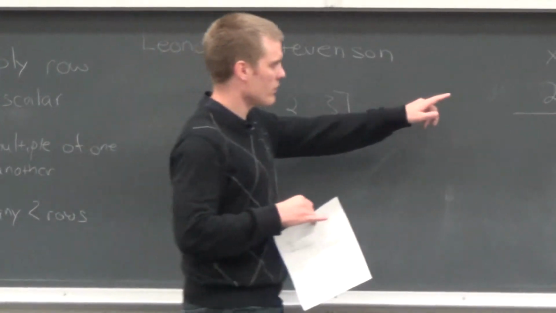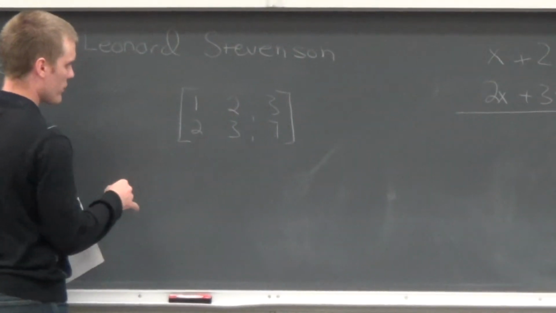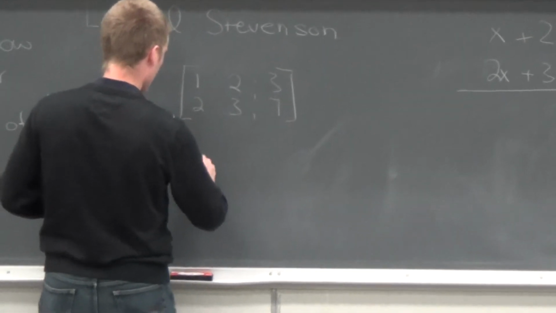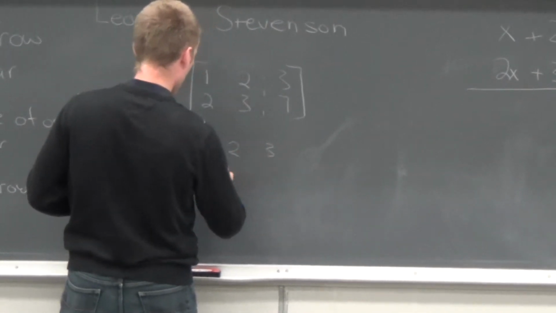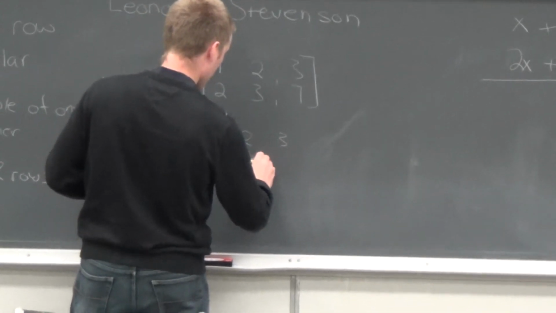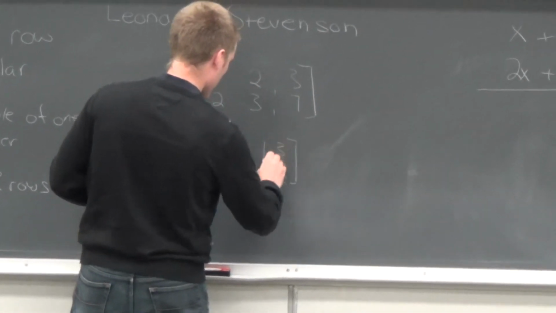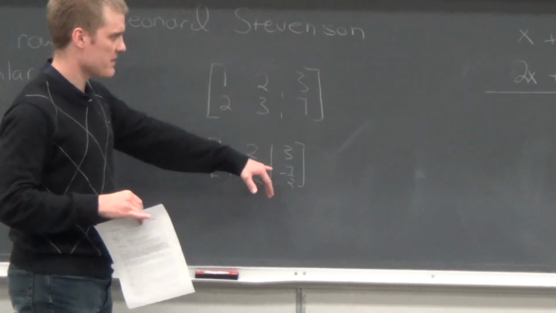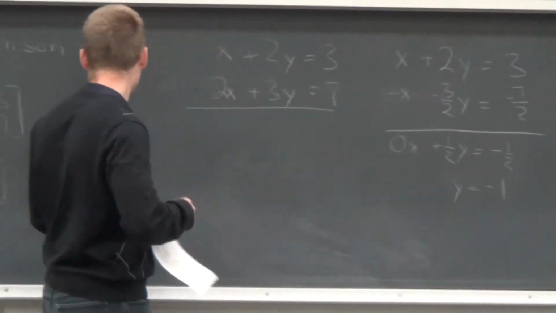So for the first one, we had multiplied the second row by negative 1/2. So if we do that on this matrix, the matrix is going to become negative 1. So now this bottom row becomes negative 1, negative 3/2, and negative 7/2, which is again the coefficients over here.